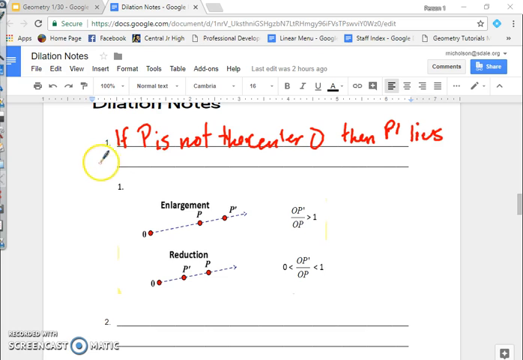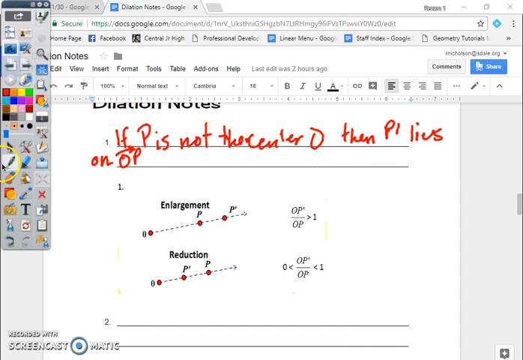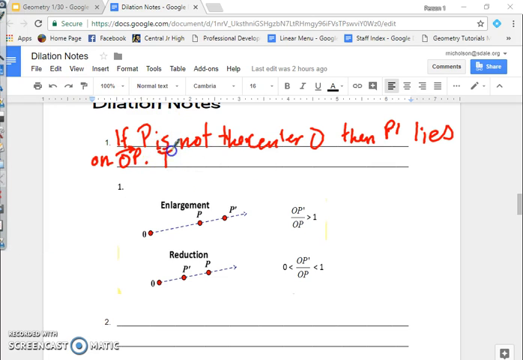The way we denote that, do y'all see how we put that arrow above OP? L-I-E-S, lies. It's not super easy to write with this pen. On ray OP, the scale factor K is positive.